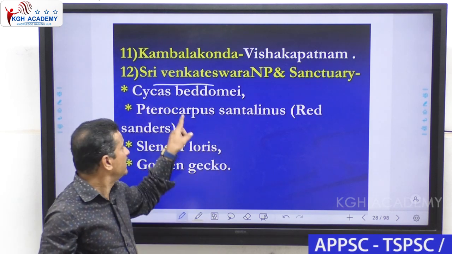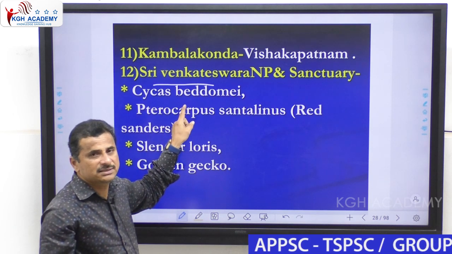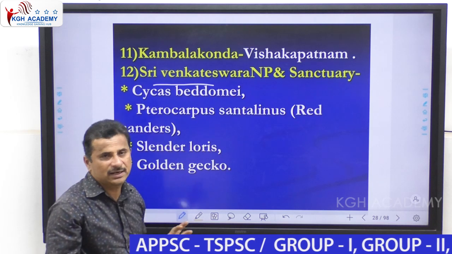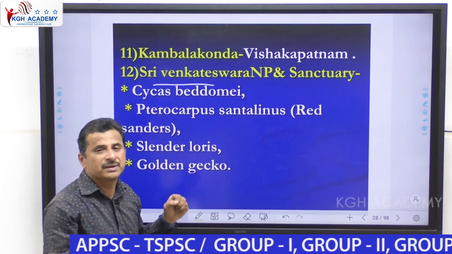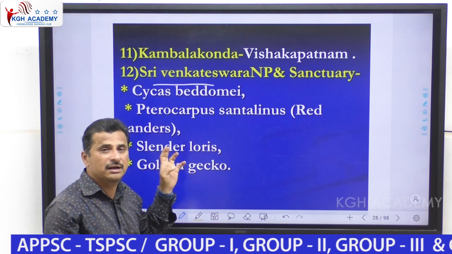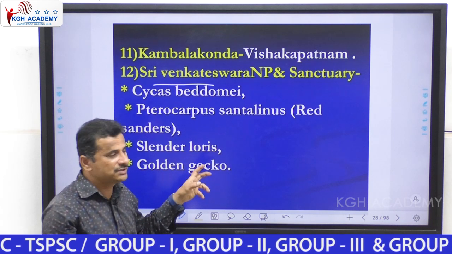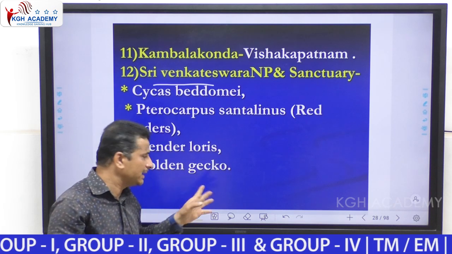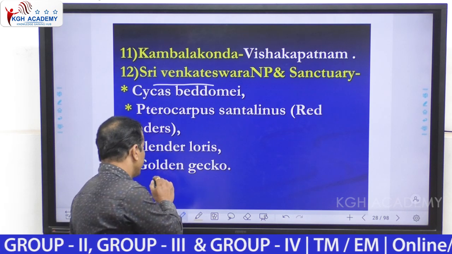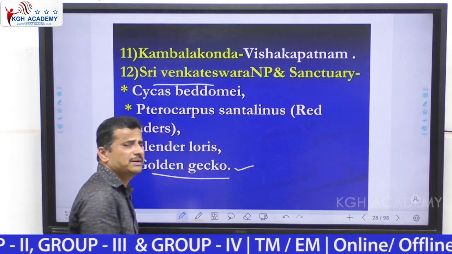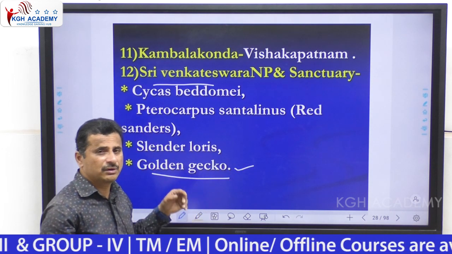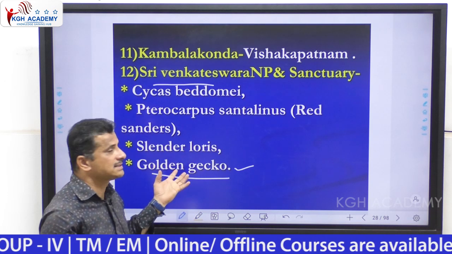Again, this is very famous for Cycas beddomei, a gymnosperm, which I have already explained, and Pterocarpus santalinus, also called red sanders. Here is the one and only area where red sanders is present. And the slender loris, which is a type of monkey, and the golden gecko, a type of lizard. In Telugu it is called Bangaru Balli, and red sanders is Erra Chandanam, and next Cycas.